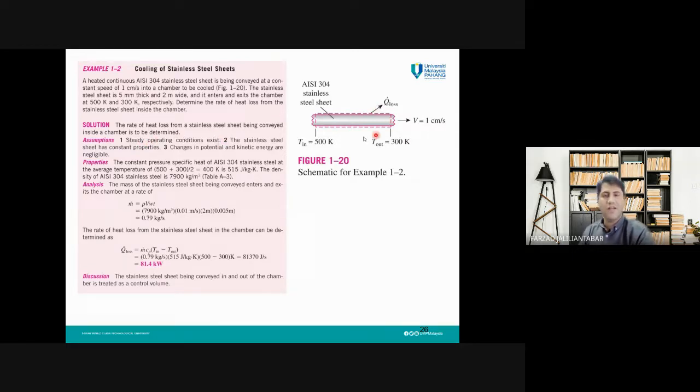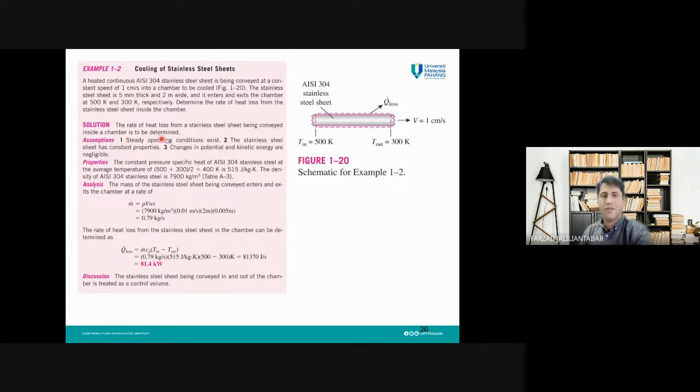And one interesting thing here is that, although this is not a fluid, we have the flow of a stainless steel sheet. So we can look at this sheet as a control volume or a flow of the sheet.